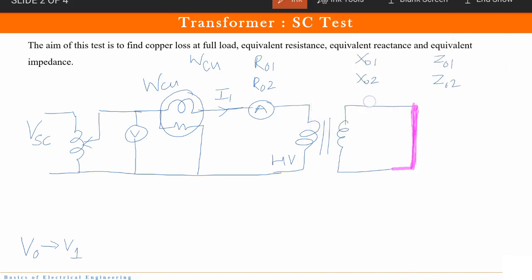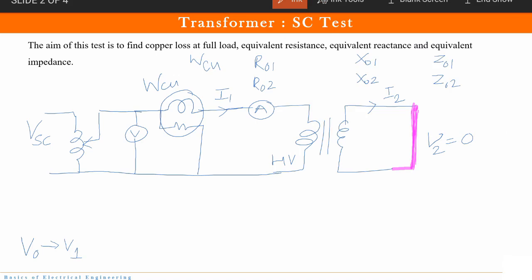Here we have I2 now. I2 is not 0 because now we have a short circuit. But since we have short circuited, the voltage becomes 0.